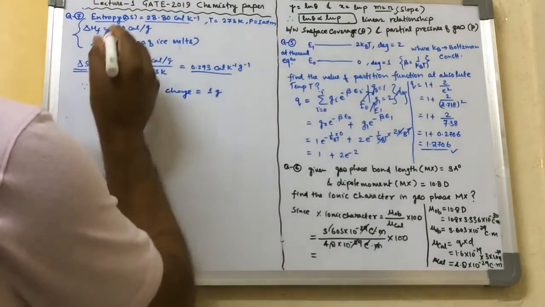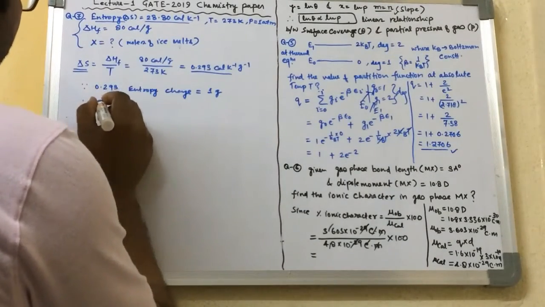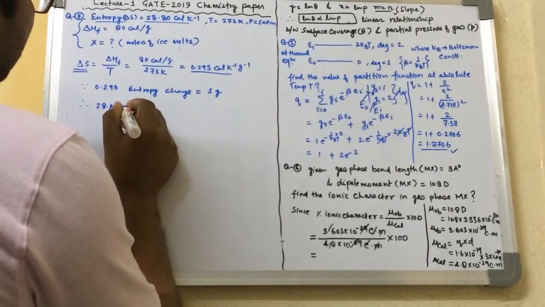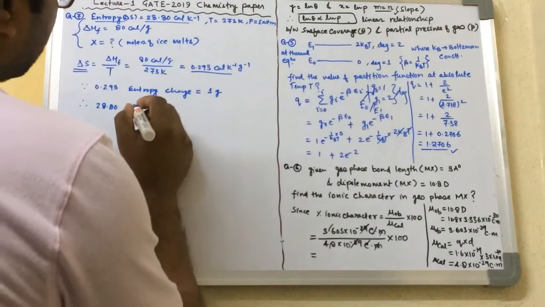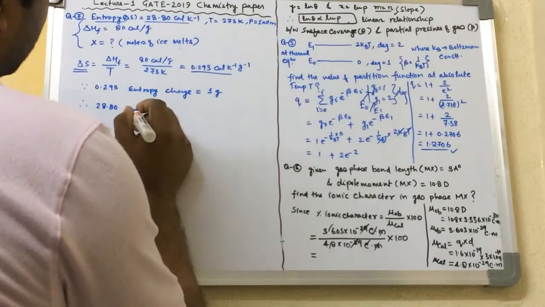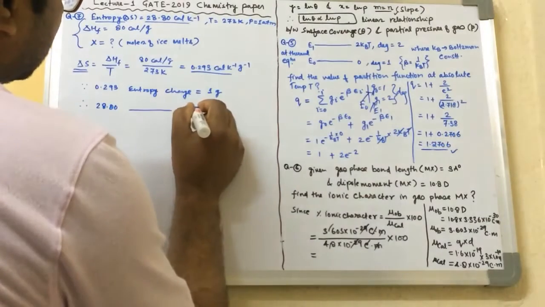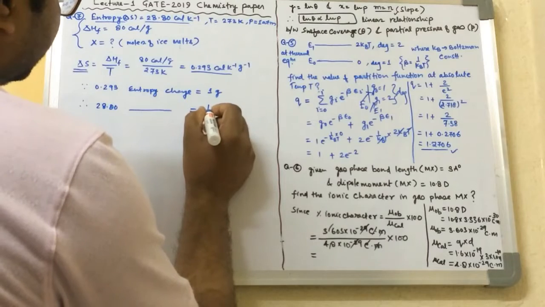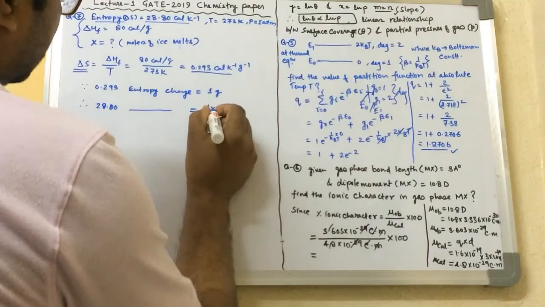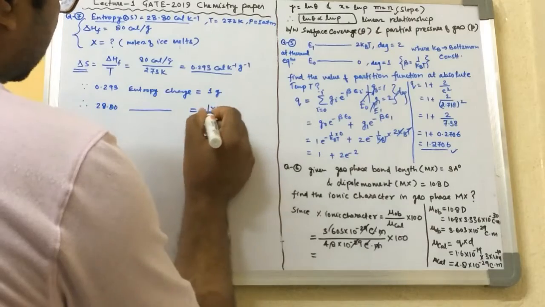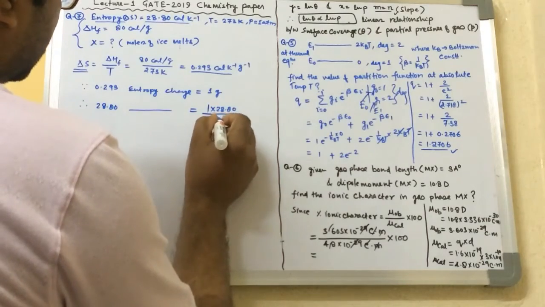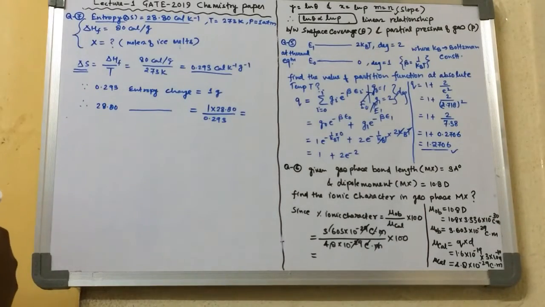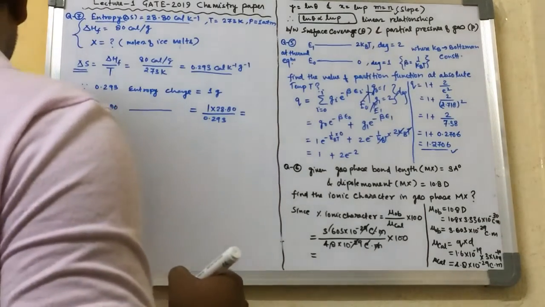Then according to our question, for 28.80 calorie per Kelvin, how much ice melts? So 1 upon 1 into 28.80 upon 0.293. Calculate this and you will get the X value from here.